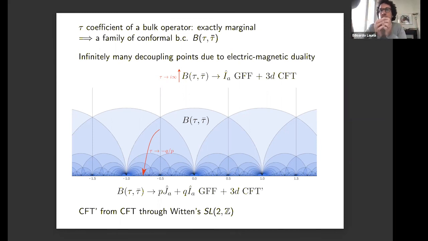This defines an object called the Zamolodchikov metric, and it's a natural metric for spaces with exactly marginal deformations, the conformal manifold. So this metric itself is not exact, in the sense that its precise value changes order by order in perturbation theory.